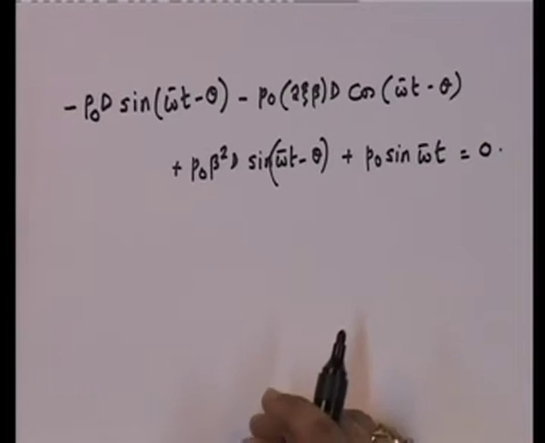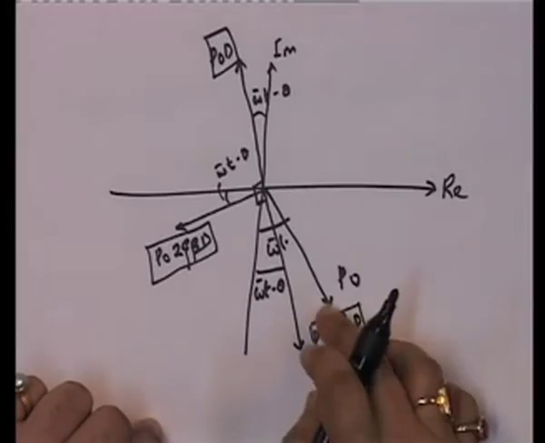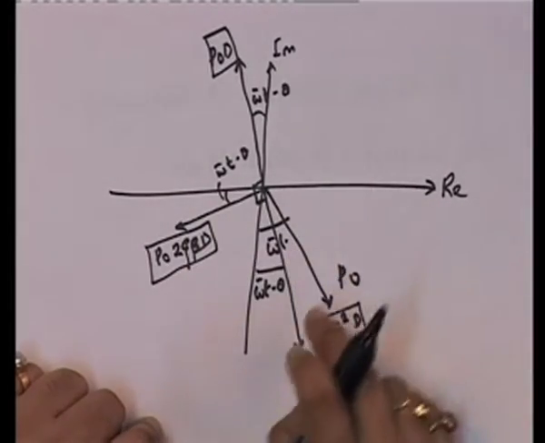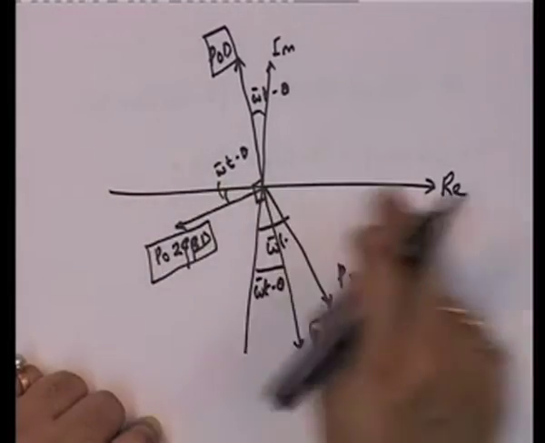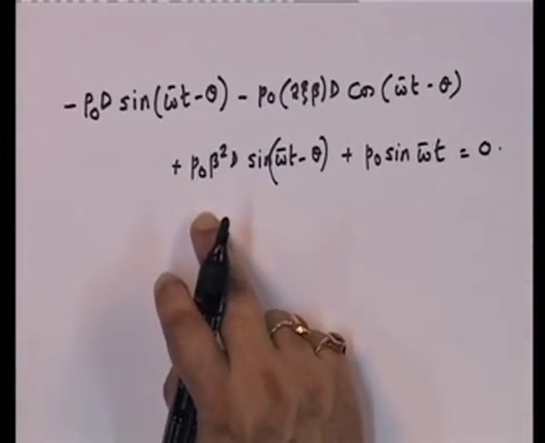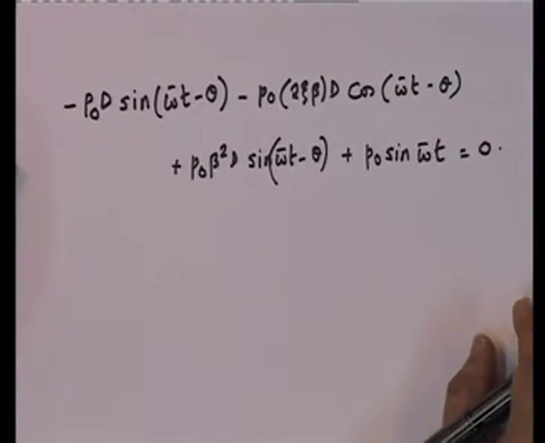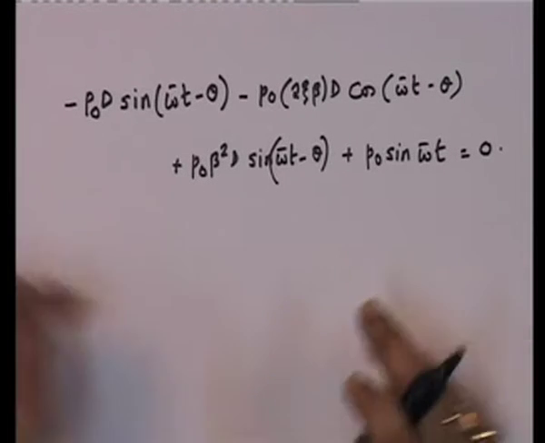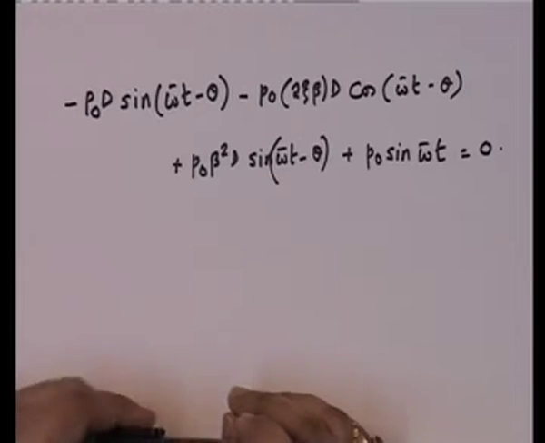If you look at this, these are all the projections of each vector on the real axis. That is what I have written down over here. Okay. So, this part is what we are going to see, that indeed this is the truth.